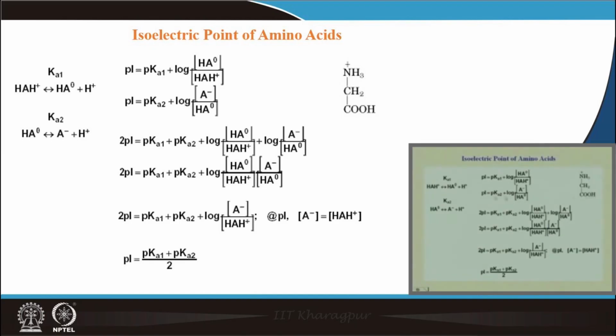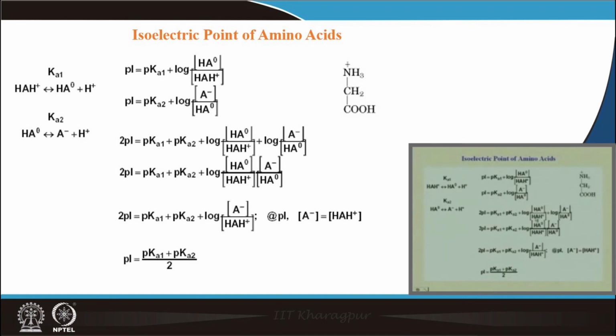After I lose this hydrogen, based on the Henderson-Hasselbalch equation which I showed you last time, you can calculate what the pI form is for both Ka1 and Ka2. When you are calculating it from Ka2, you go to the A- form because you are losing this proton as well. You have already lost this proton.